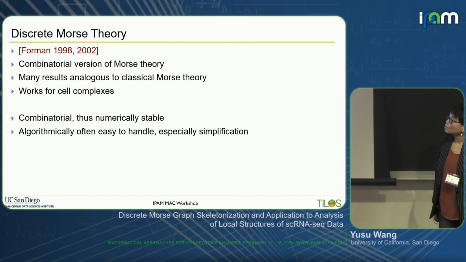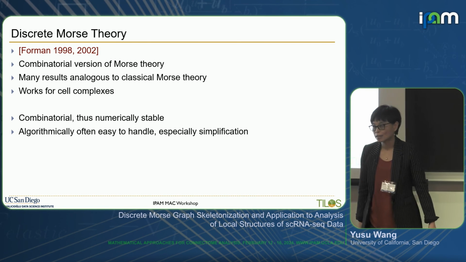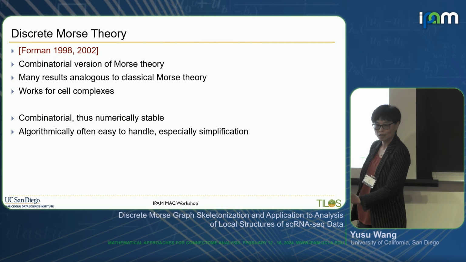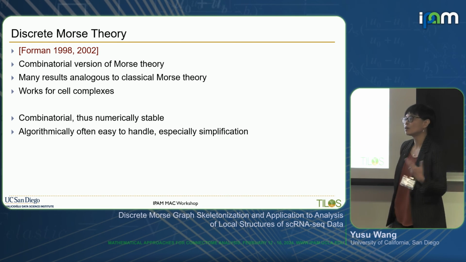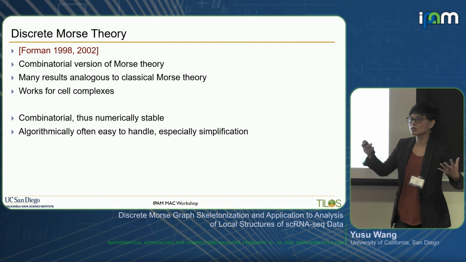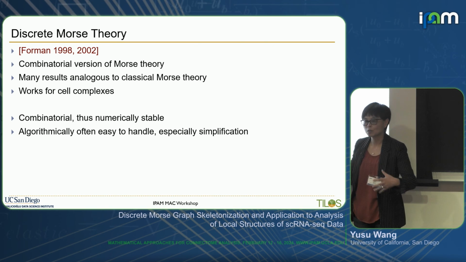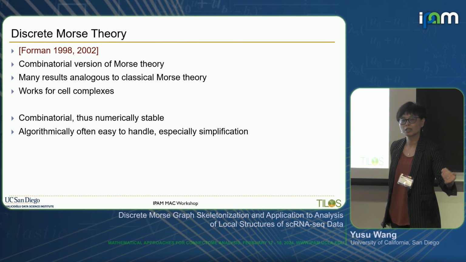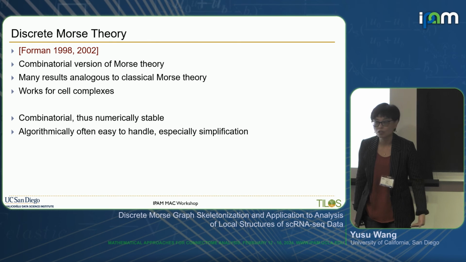Well, Robin Forman had this really beautiful work on discrete Morse theory, and this is not a discretization of Morse theory in the piecewise linear setting. This is actually a combinatorial analog of Morse theory, and he proved many beautiful results, saying that in this setting you can still have criticality concepts which behave very similarly to the smooth setting, for instance what critical points do in terms of the homology group of the sublevel set and so on.